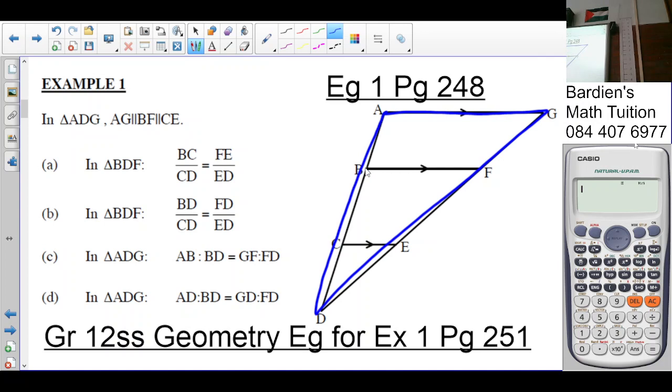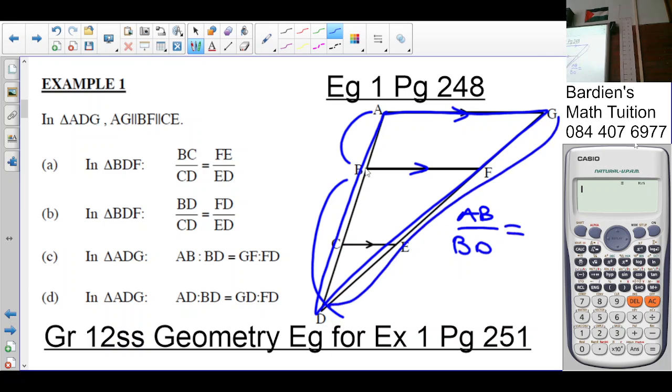Okay. We can say that, so they looked at AB. They're using these lines that are parallel. Okay. So AB over BD is equal to FG over GD.